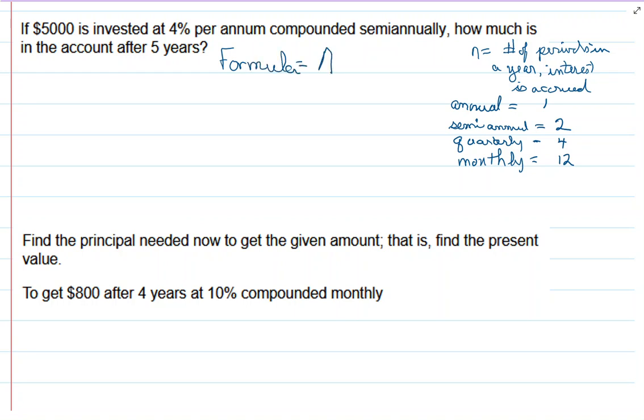The accrued amount earned on a savings is principal times 1 plus the rate as a decimal divided by the number of interest payments per year, raised to the n times t, the number of payments times time. And time is always in terms of years. You can do it for half a year, 3/4 of a year, but it's in terms of a year.